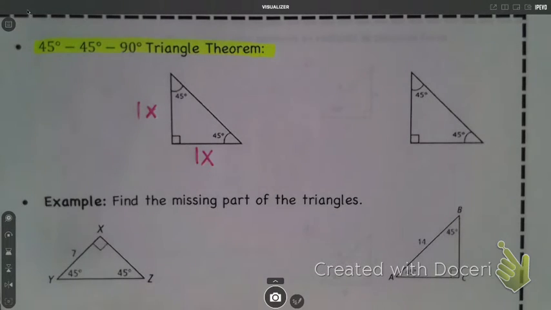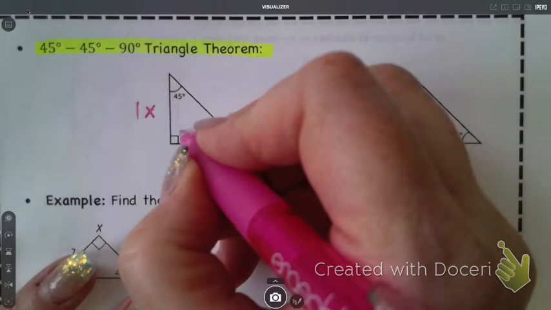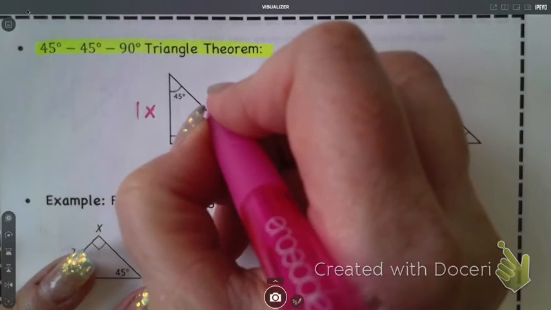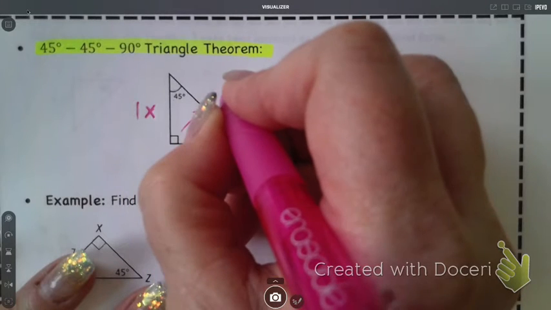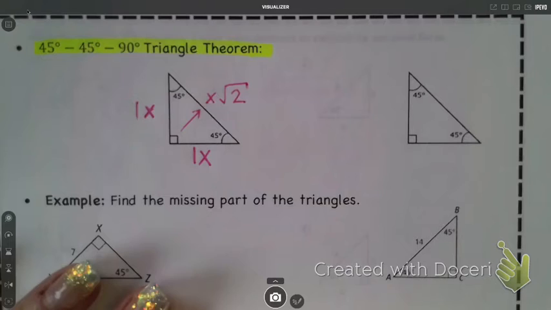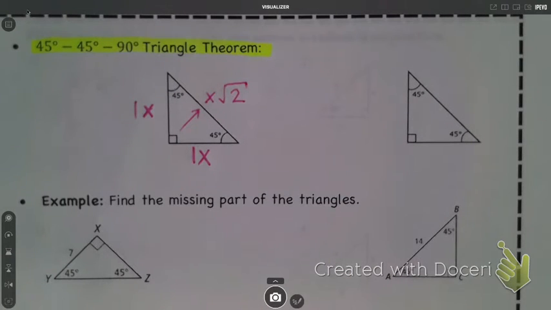It's just there. Across from the 90, it is x square root of 2. Now, I think Mason was looking at the board, and he sees 45, 45, 90, and he sees across from the 90 as a what? 2. Okay?